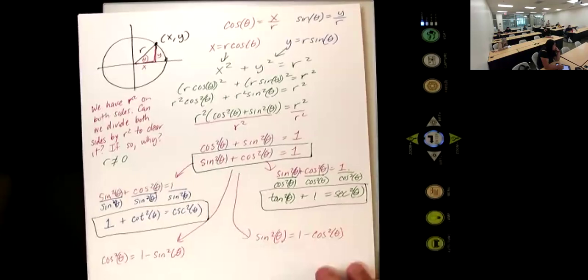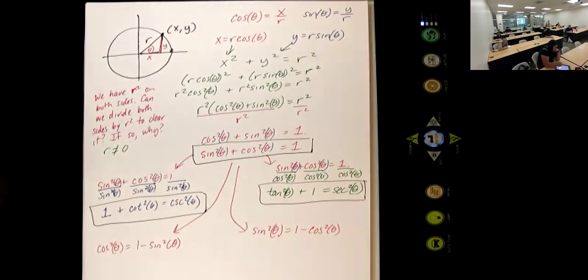This happens a lot, especially as we're going through calculus and stuff. Being able to switch between different trig functions by using identities is really helpful. And we're gonna use it in 7.2, some of this stuff.